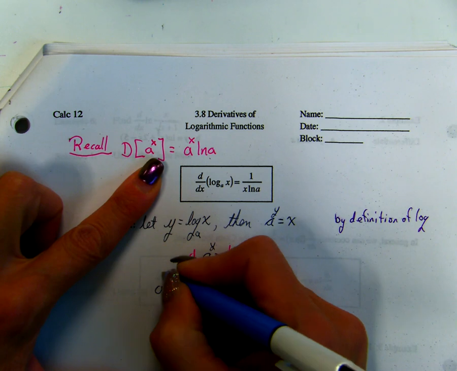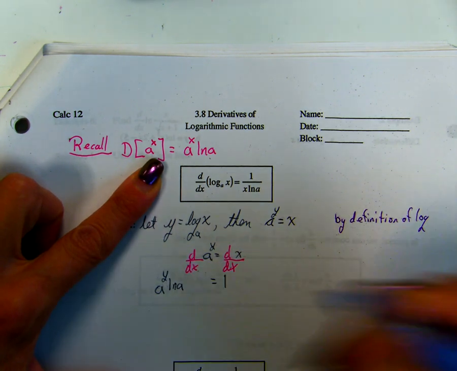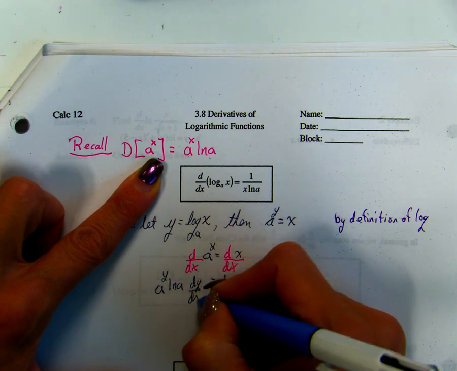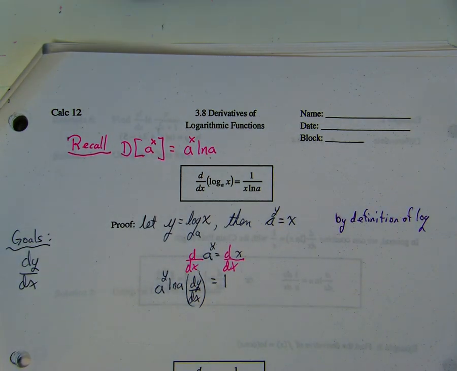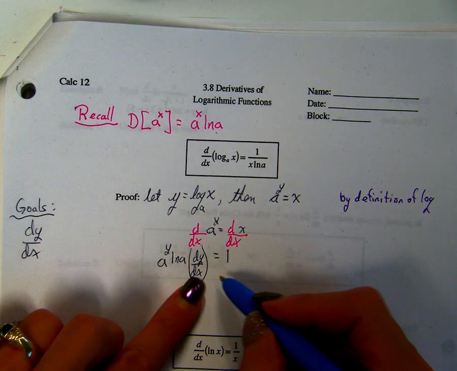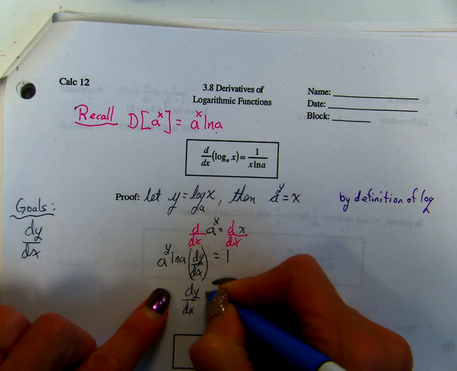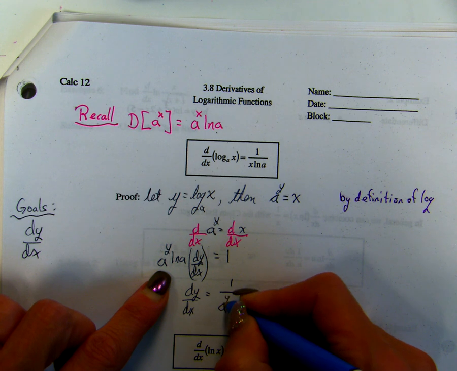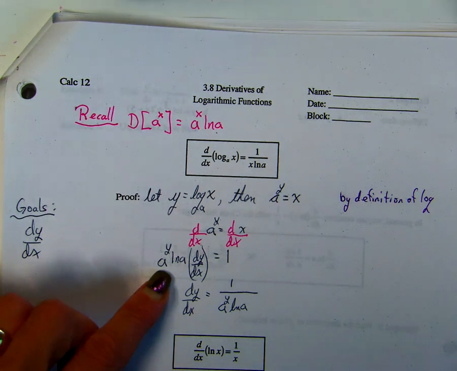So this is going to be a to the y times the ln of a, and then I need to multiply this by y prime. Implicit differentiation. So solving for y prime, I get dy by dx, or y prime, is equal to 1 over a to the y times the ln of a.